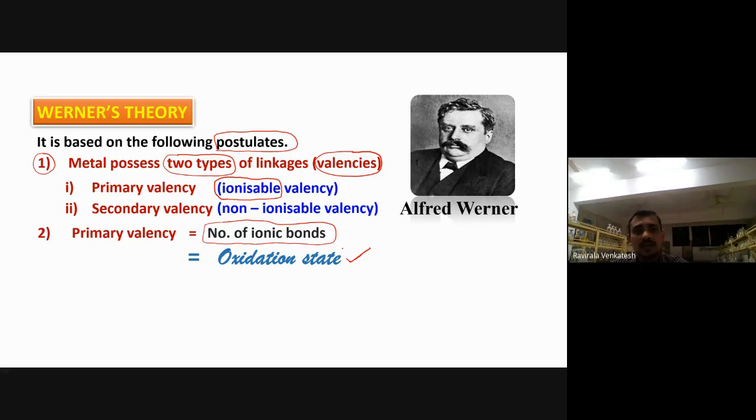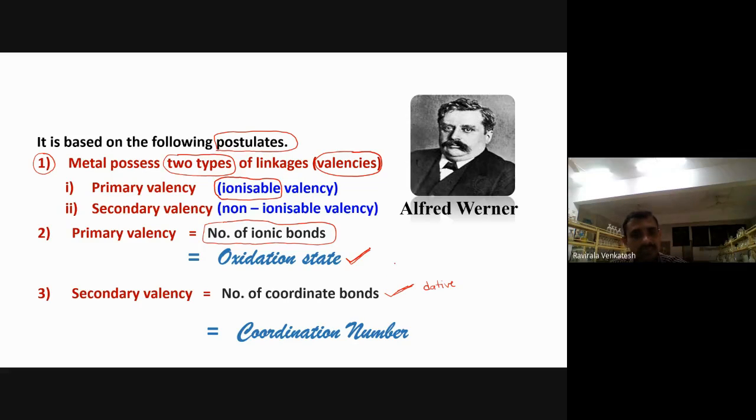So primary valency means we have to take the oxidation state. Next, secondary valency means the number of coordinate bonds. In the last class, we discussed that coordination compounds are formed by dative bonds, coordinate bonds. So the number of coordinate bonds is the secondary valency. Simply, we can also say it is the coordination number.